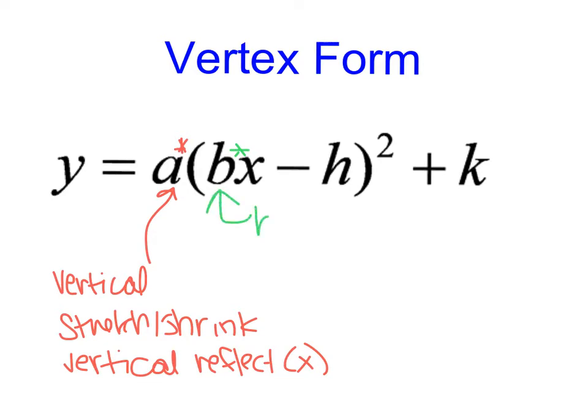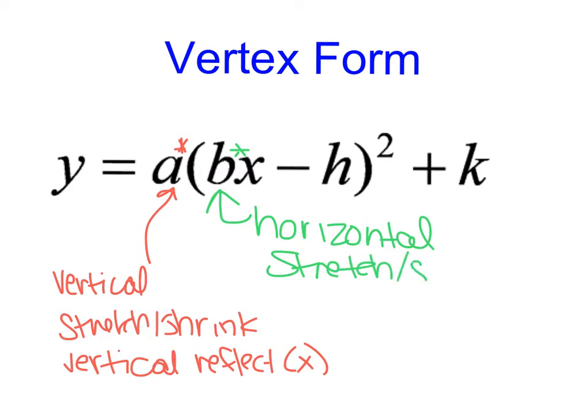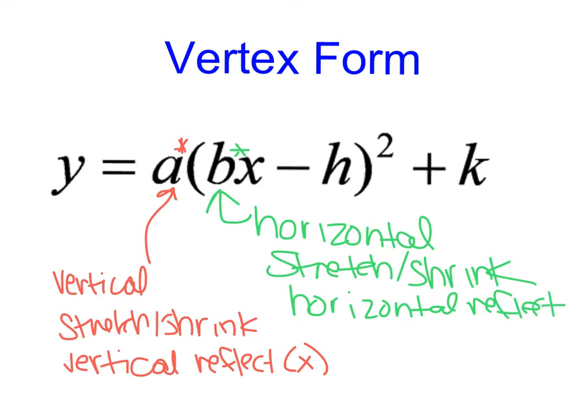And this is going to relate to our horizontal stretch and shrink factor. And it's also going to deal with that horizontal reflection, which remember is going to be our y-axis.